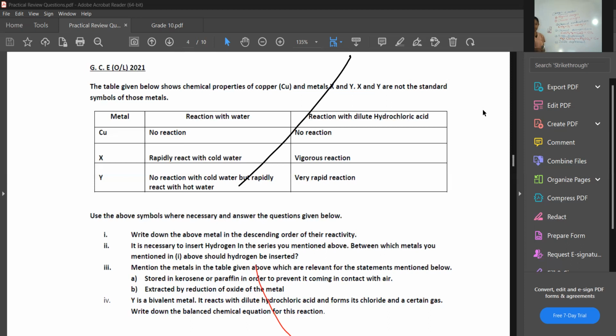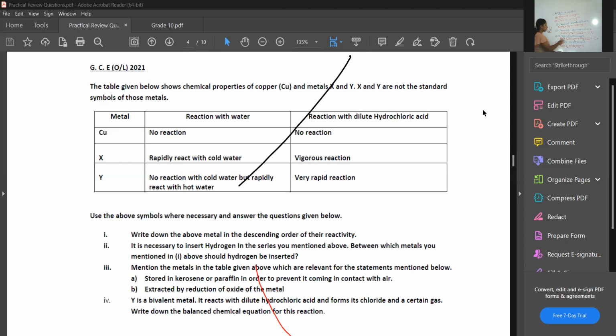Now, the fourth one, double displacement reactions. We will write this example: the reaction between barium chloride and sodium sulfate.